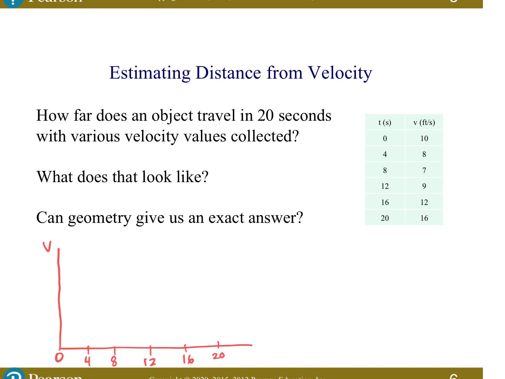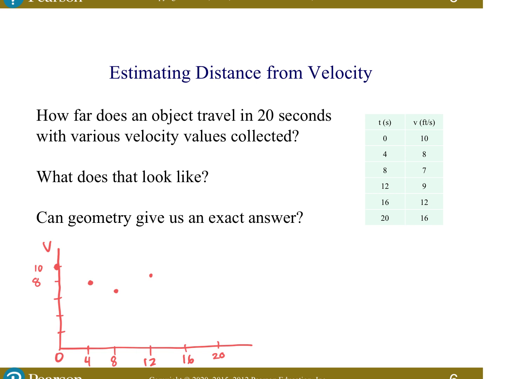So we have varying velocity values. So we've got 2, 4, 6, 8, 10. So I've got a velocity value of 0, 10. And then 4 dips down to 8. 8 dips down to 7, so about right there. But then 12 goes back up to 9.